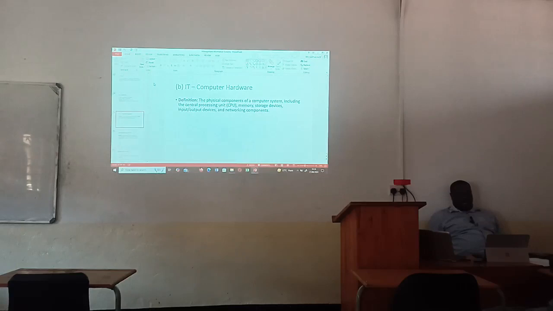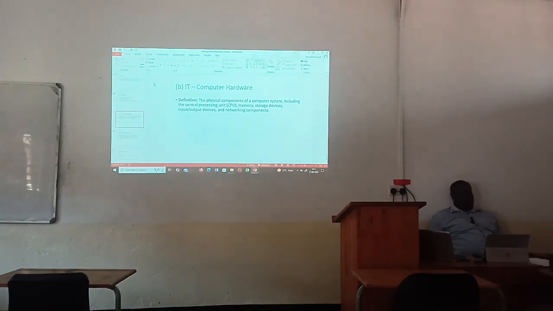Okay, so categorically, let's look at IT computer hardware. So we already gave the definition of what hardware is, yeah. So computer hardware components of a computer system include the central processing unit, memory, storage devices, input and output devices, and network components.